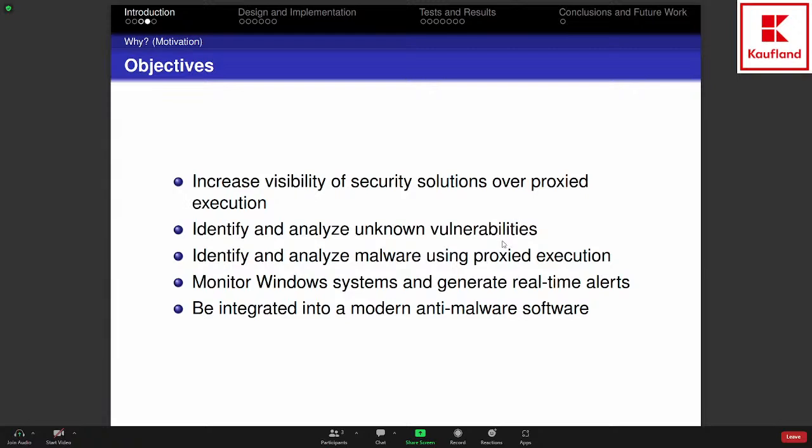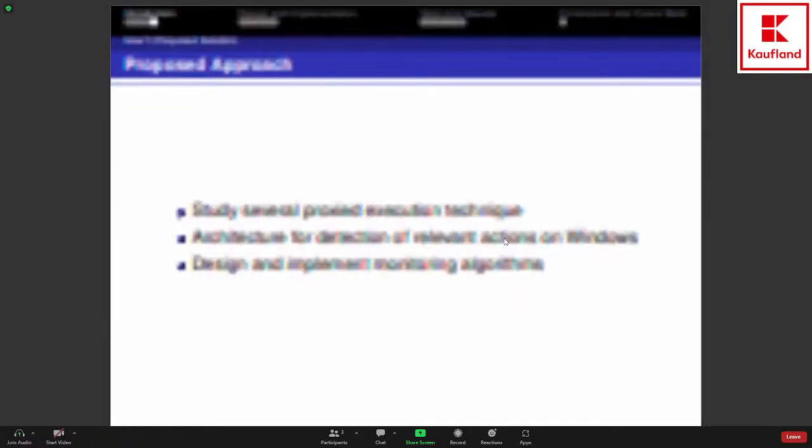We wanted to implement a system which runs on Windows systems and generates real-time alerts both for malware attacks and for applications vulnerable to these proxy execution scenarios. And in the end, this solution was integrated into a modern anti-malware software.